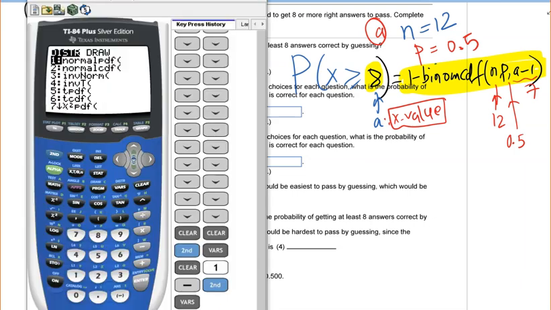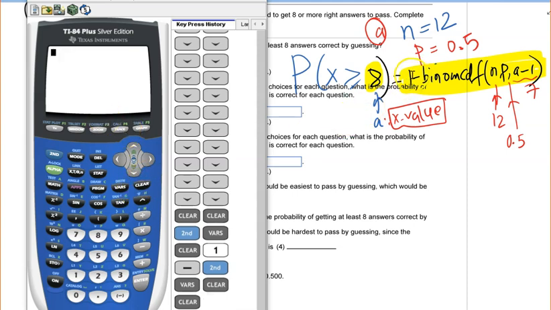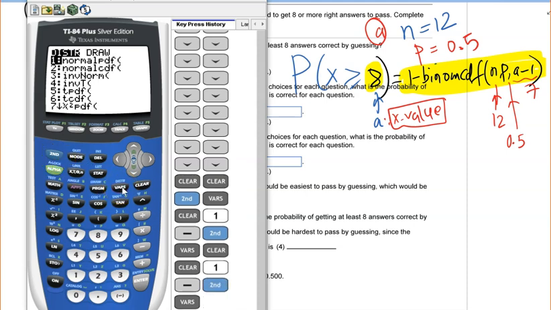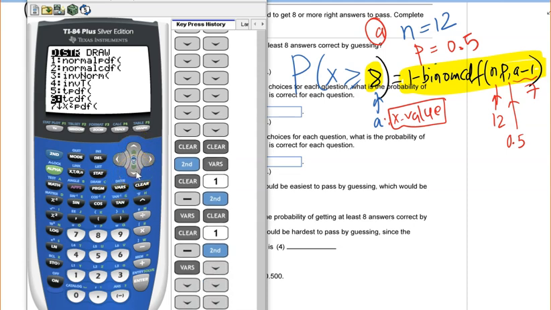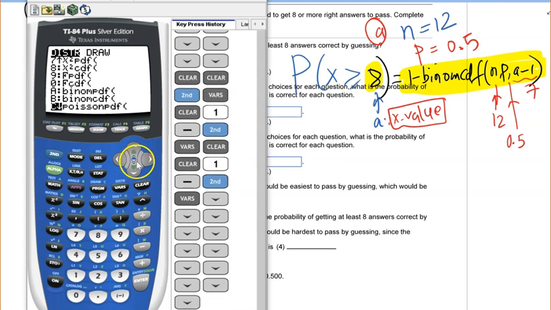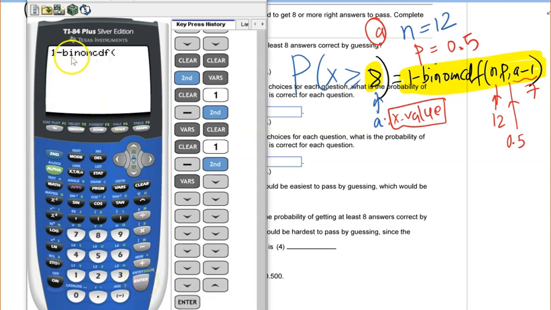Let me show that for you. Start with the 1 minus, and I'll teach you how to find binomial CDF. The binomial CDF is under the VARS key, so you press second and VARS, scroll down, and you'll find binomCDF here. Press enter. You have binomCDF starting with the parenthesis.